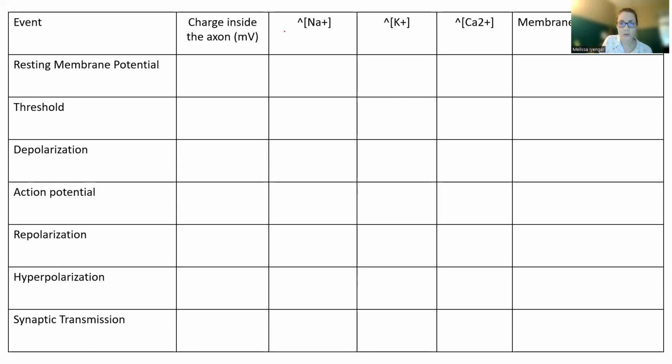I'm just going to make arrows on my PowerPoint slide, very well. So make that into an arrow that is high concentration, okay? If you don't know what the brackets around an ion mean, that just means concentration or amount. So we're looking for inside, outside the cell, and then what membrane channel you are using. I'll try to go through and fill out this chart with you as we do the video.